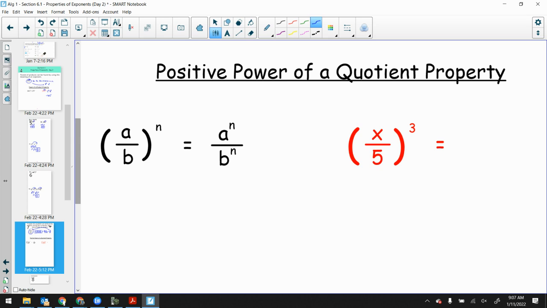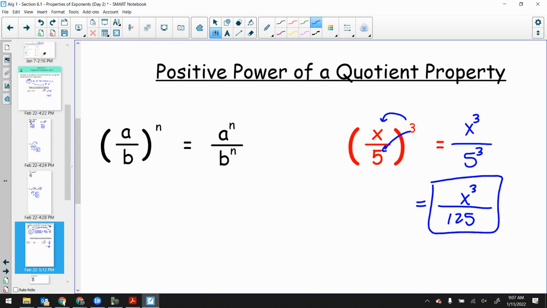So for example here, x over 5 to the 3rd power would be x to the 3rd over 5 to the 3rd. I'm basically just distributing that power to everything in the numerator and denominator, everywhere. Everybody gets a power. Well, 5 to the 3rd is just 125. Questions about that one?